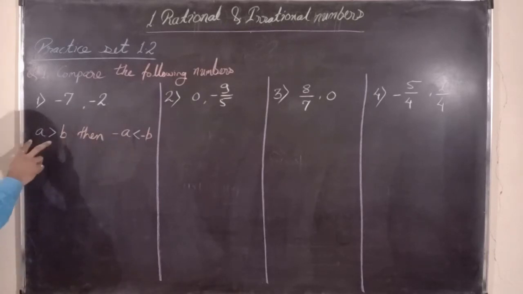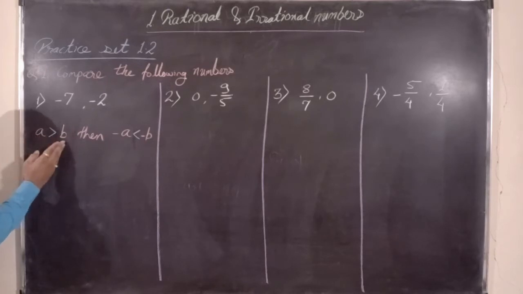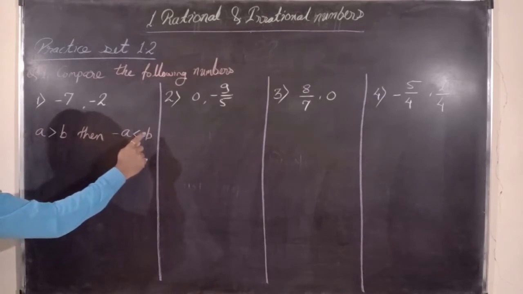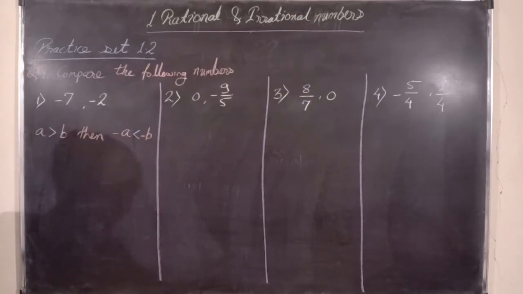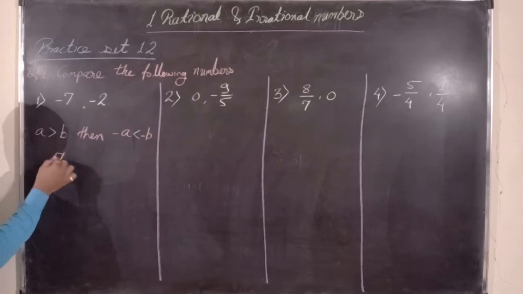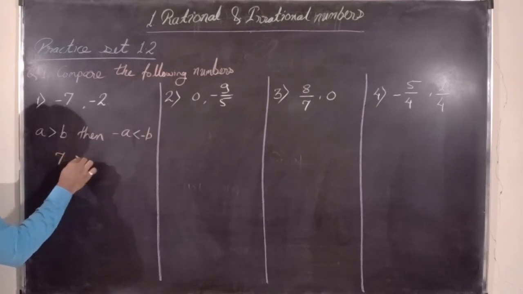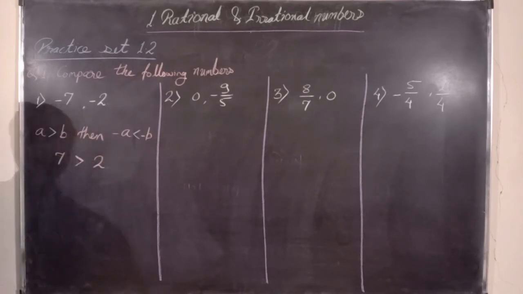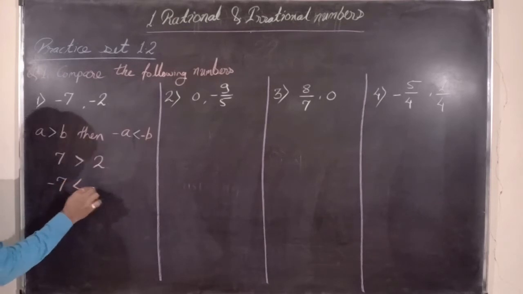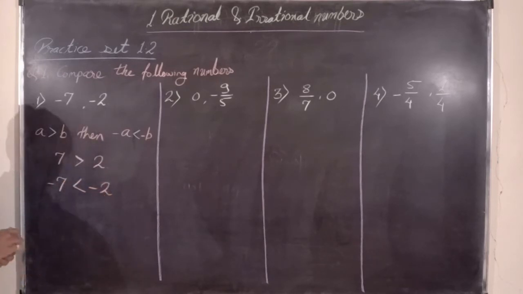We know the rule that if A and B both are positive and A is greater than B, then negative A is always less than negative B. In this example, we know that 7 is greater than 2, so obviously negative 7 will be less than negative 2.